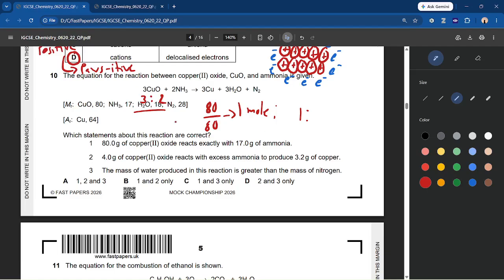So for every 3 moles of copper oxide, you need 2 moles of ammonia. So if you have 1 mole, then for 1 mole you need 2/3 moles of ammonia, NH3. So if we take a look at 17, ammonia has an MR of 17, so this would be 1 mole of ammonia.